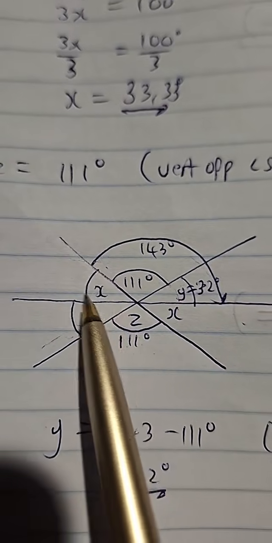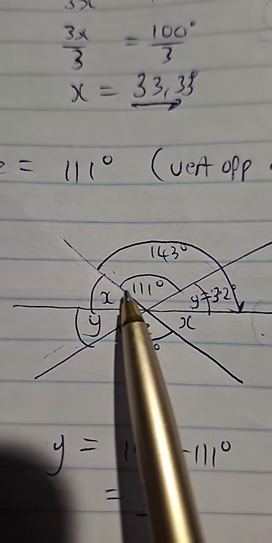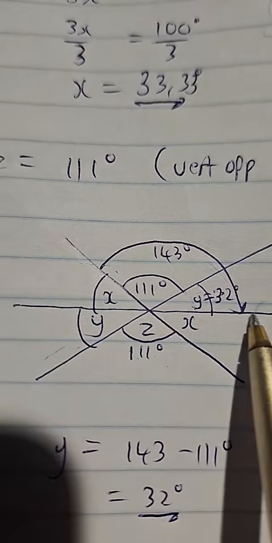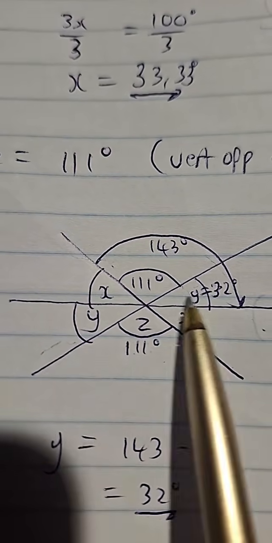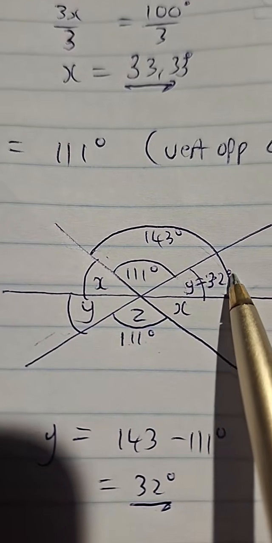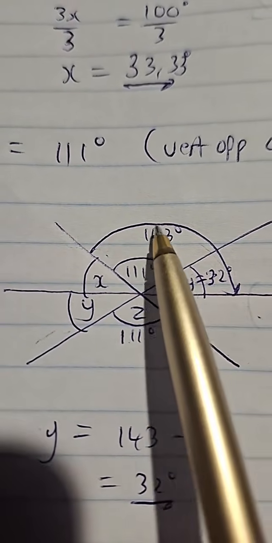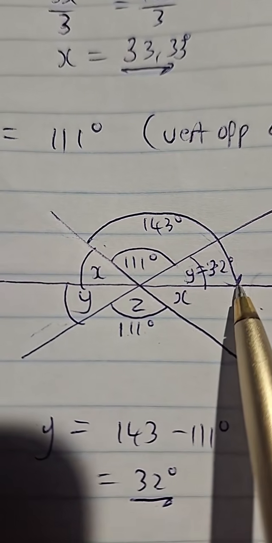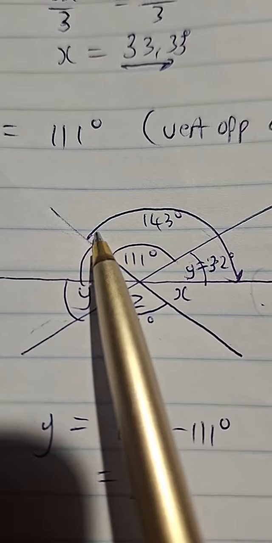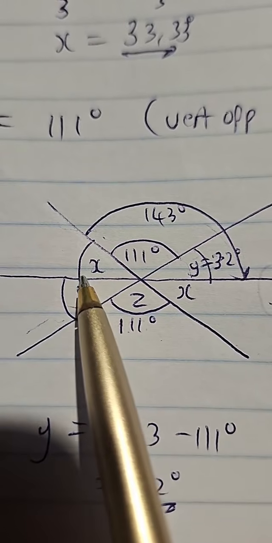So then the x now, we need the x. What relationship does x have with what we see? x is one of the angles lying on this straight line. This entire angle 143 comes from this side of the line to there, then x picks up from here back down to the straight line.